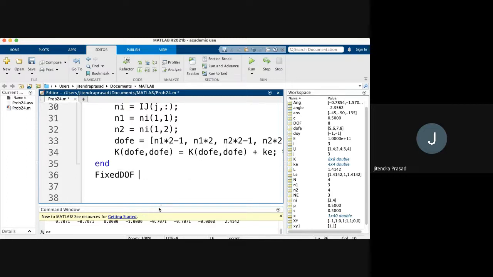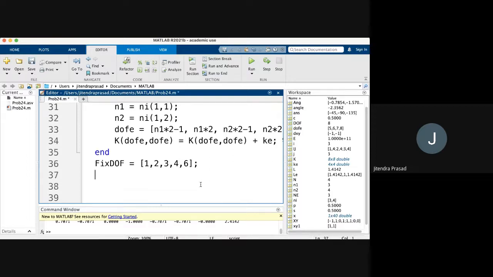Which ones are fixed? We know that the fixed ones are degrees of freedom 1, 2, 3, 4. 5 is free. Number 6 is also fixed. Fixed degrees of freedom are these.